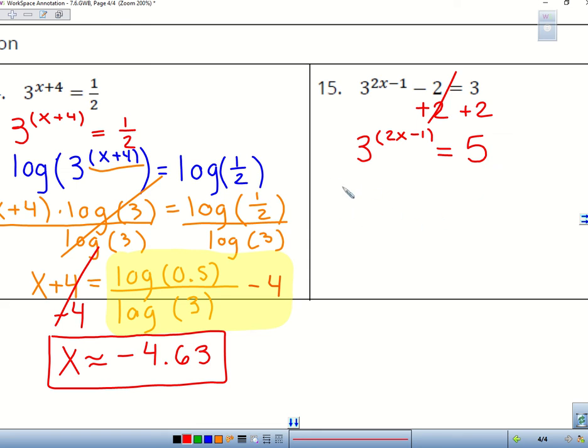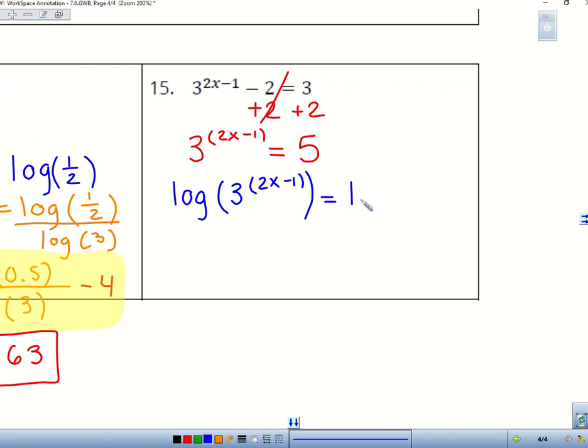So now I'm at the stage where I can take the log of both sides, okay? So I take the log of both sides. What's going to happen with my exponent?